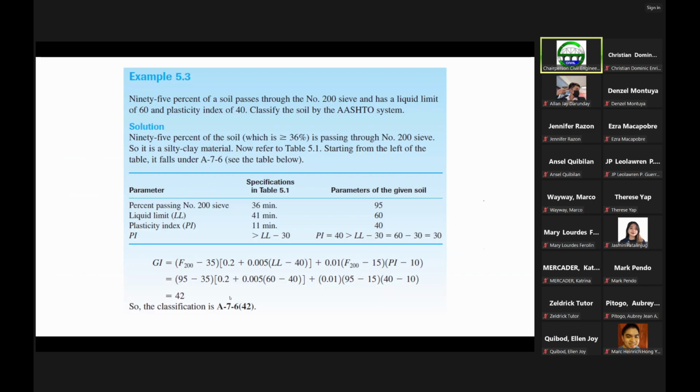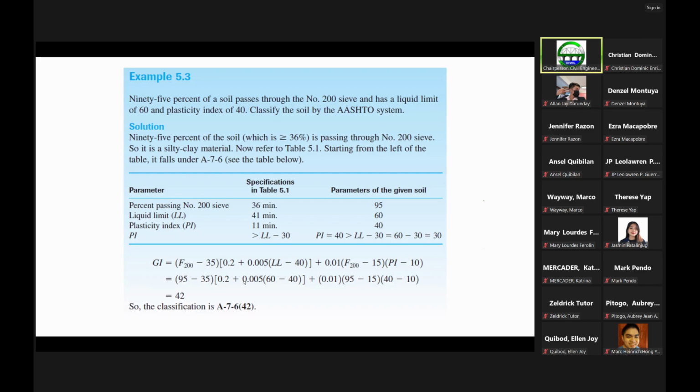That's A-7-6. Then we just calculate the GI, or the group index. We simply substitute here the percent passing number 200, so that's 95%, then the liquid limit is 60, and the plasticity index is 40.